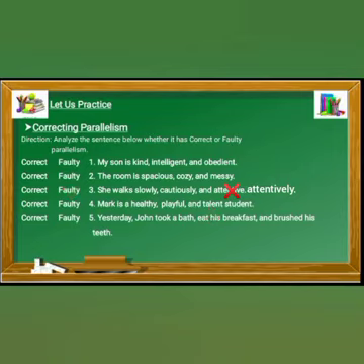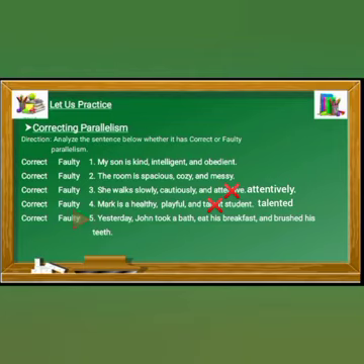That is why we should change it into an adjective in order to make this sentence correct. So we have Mark is a healthy, playful, and talented student. Alright? So the words healthy, playful, and talented are all adjectives.